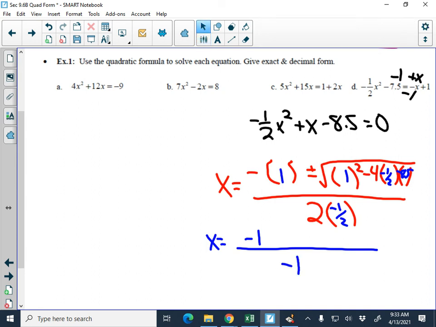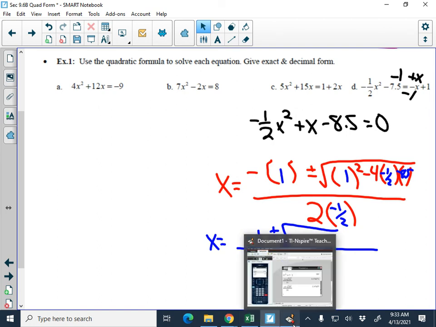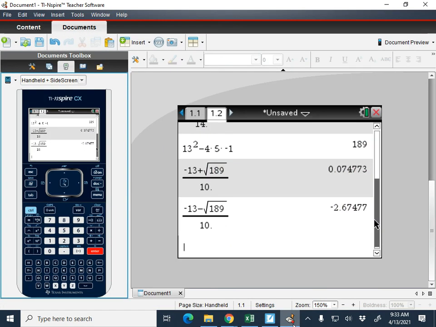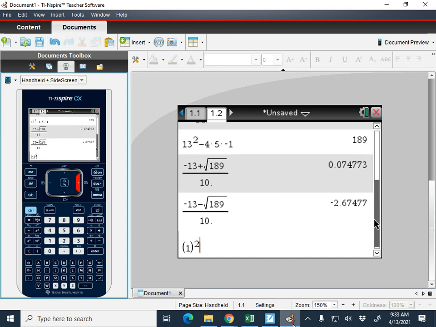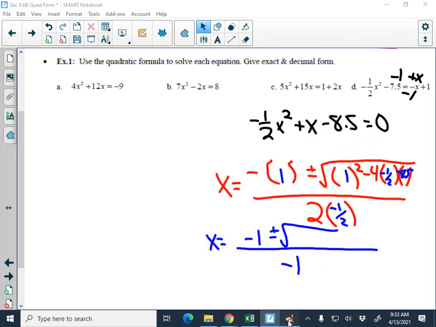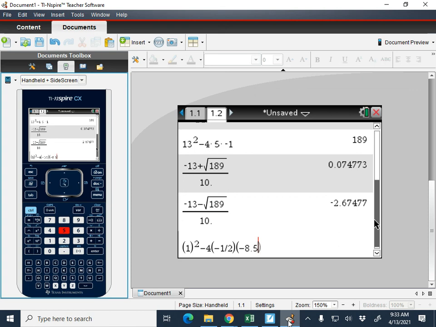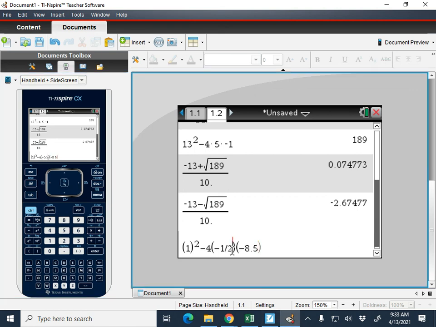Might need to put that in the calculator. If you want this one, you can put it in so it's a fraction.